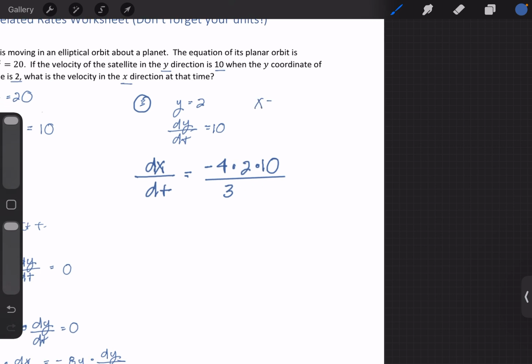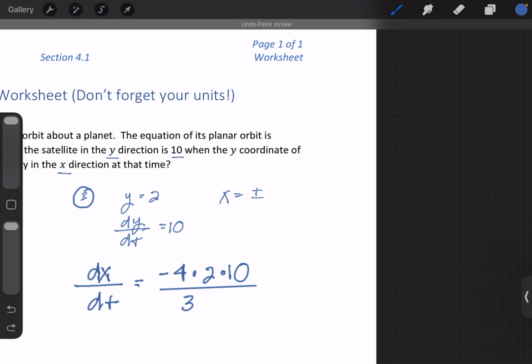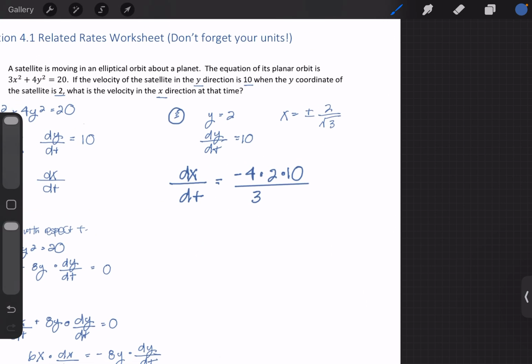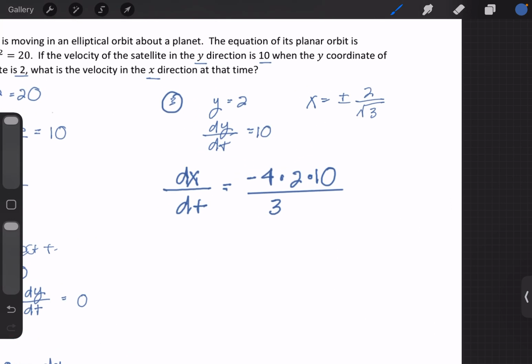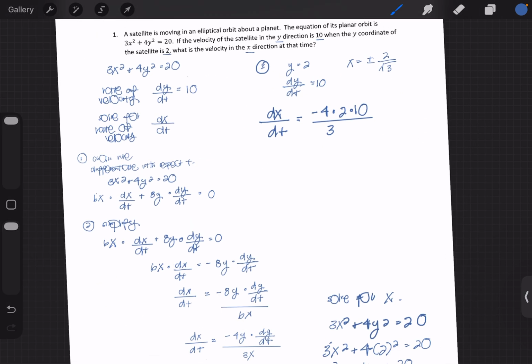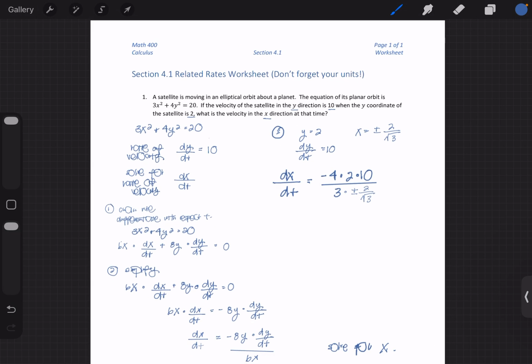Now we know that x is equal to plus or minus 2 over square root of 3. I'm sorry for misspeaking. And we can plug that into here. We know that 3x would be the same as 3 multiplied by plus or minus 2 over square root of 3. And now we can just solve.